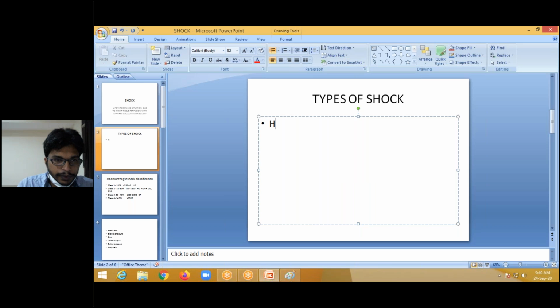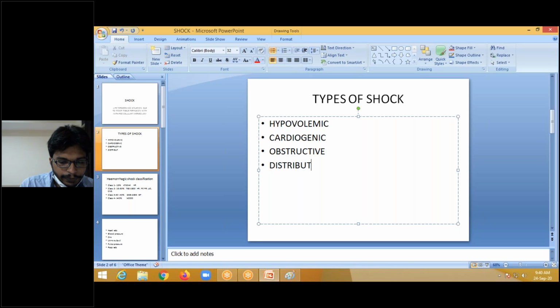Okay. Hypovolemic, cardiogenic, obstructive, distributive, and some kinds of endocrine will be given separately.